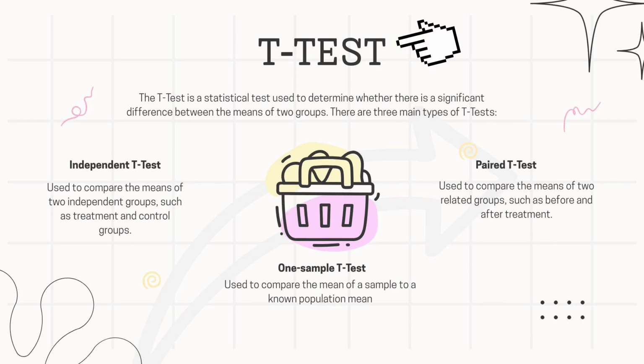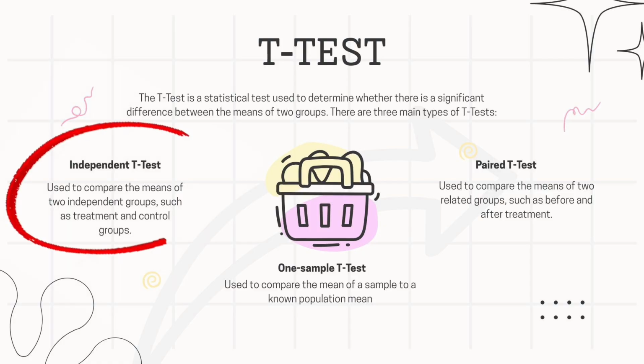Now we have the t-test. And what are the types of t-tests? A t-test is a statistical test used to determine whether there is a significant difference between the means of two groups. There are three main types of t-tests: independent t-test, paired t-test, and one-sample t-test.